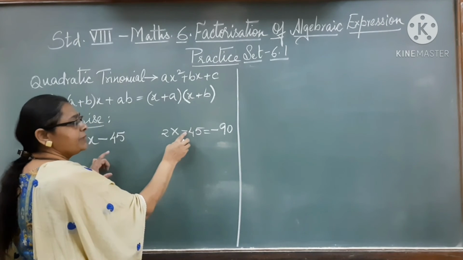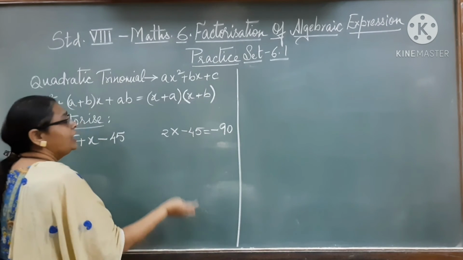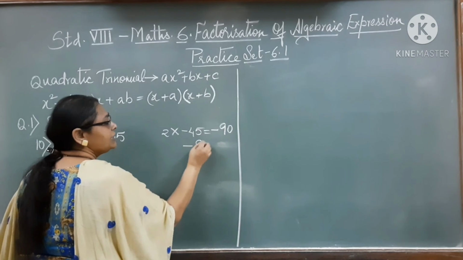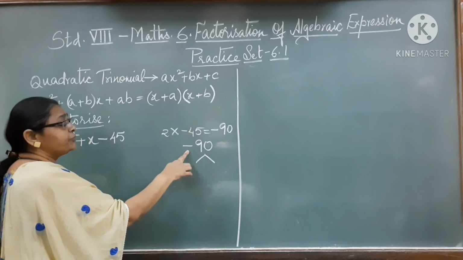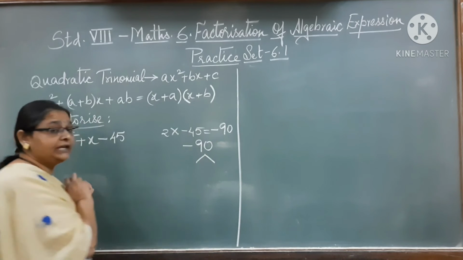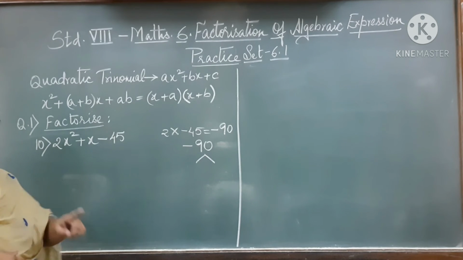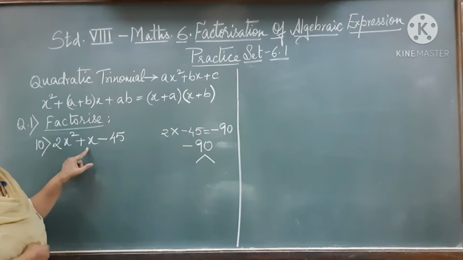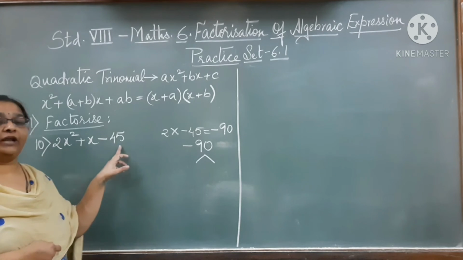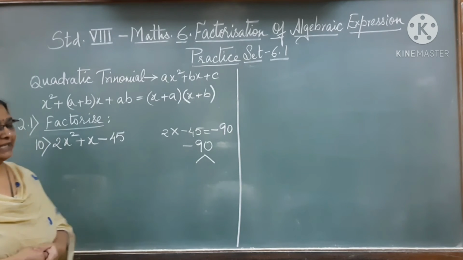Remember, plus into minus will be minus. So we have to find two factors for the product minus 90 in such a way that their sum should be equal to the coefficient of the middle term, and the product should be equal to minus 90.